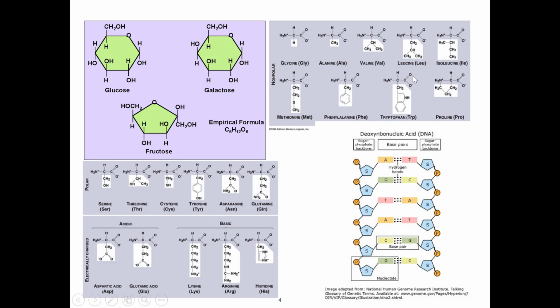Okay, so this block up here and these two blocks down here, there are 20 of these things, so they are amino acids. And they get their name by, again, notice carbons at their core. They've got hydrogen and oxygen, but they also have an amino group. In that amino group is a nitrogen.